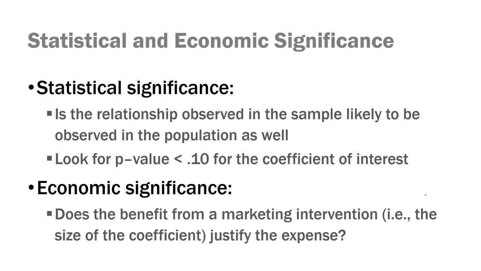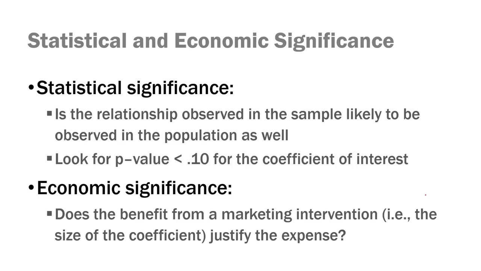Now let's turn to another thing that is important when you use regression in marketing. This is the difference between statistical and economic significance. Statistical significance is something that we are commonly used to, right? This is the relationship observed in the sample likely to be observed in the population as well.